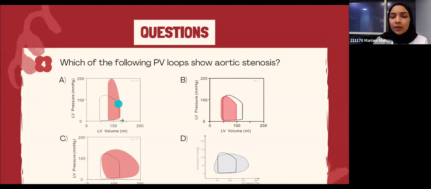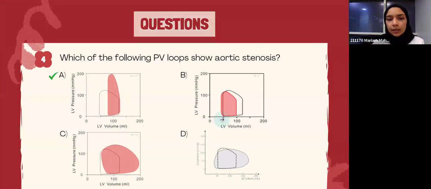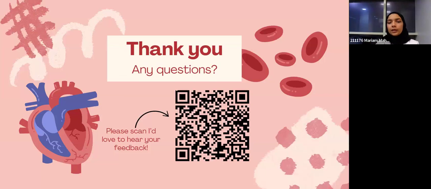And because the valve is also stiff, it cannot push as much blood out. So you will see here that the end systolic volume is increased. So there is more blood left in the ventricle. So it's A. Okay, so that's it.